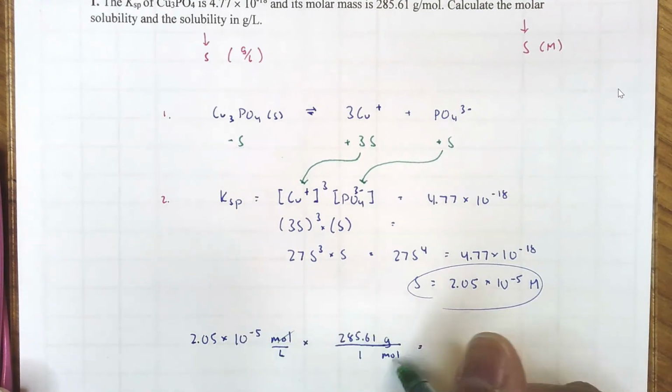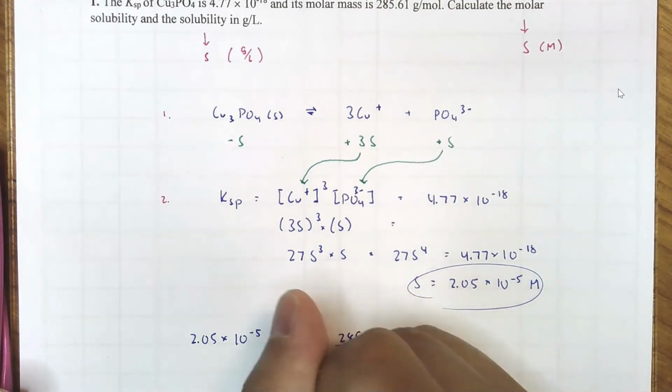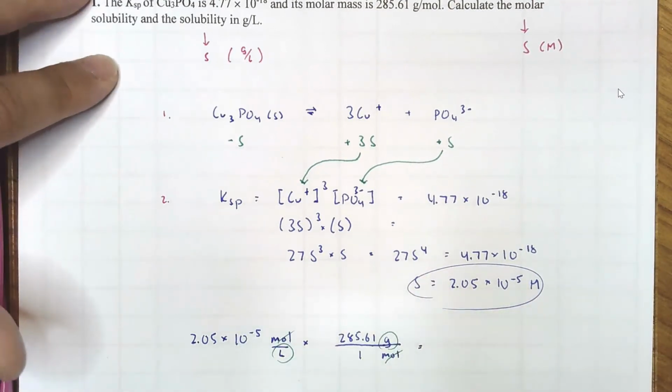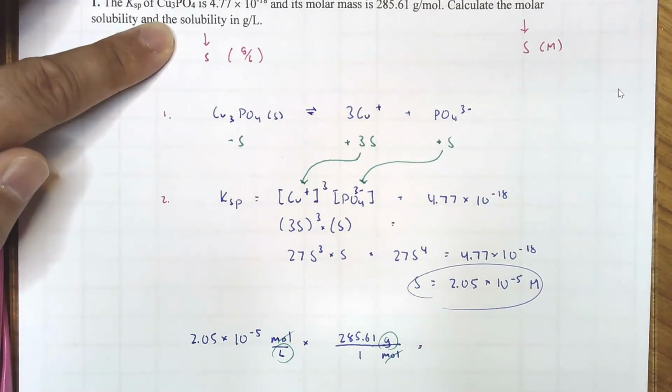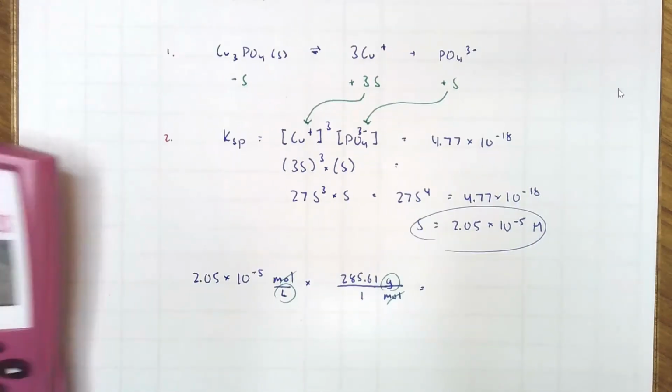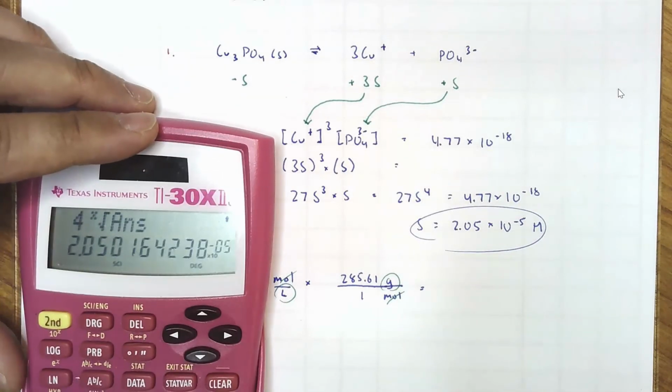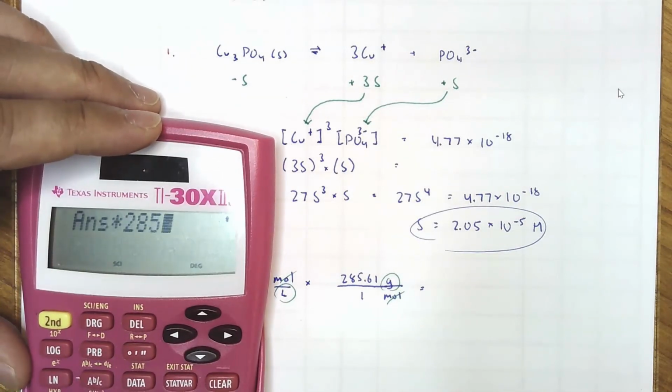Your moles cancel out, and we get grams per liter, which is the units for solubility up here. I have that number saved, times 285.61.